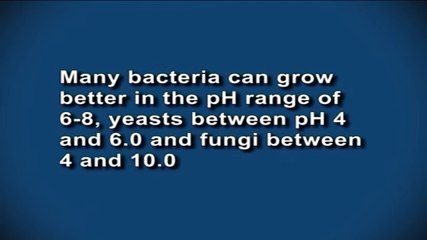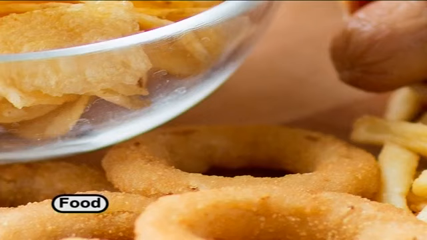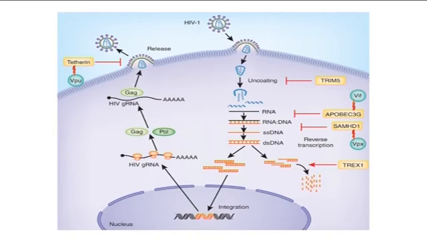Many bacteria can grow better in the pH range of 6 to 8, yeast between pH 4 and 6 and fungi between 4 and 10. Many lactic acid bacteria have the ability to grow in the acidic range of foods. Change in the pH affects the enzyme activity, permeability of membranes, solubility of cellular constituents and shifts the metabolic activity.